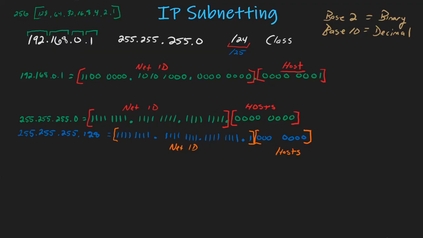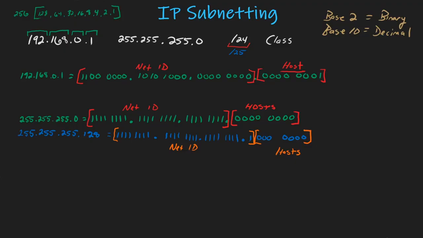Now, what does this mean exactly? This one's a little harder to follow. But what it means is, when we break the IP address down into binary, keep in mind, this is all done at the binary level. The class C, the /24, was very easy for us to follow because the host bits followed one of the octets, so it left an entire octet.